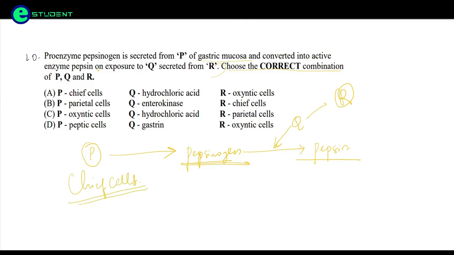The chief cells are present in the stomach, and pepsinogen is converted into pepsin with the help of hydrochloric acid. Who secretes this hydrochloric acid? These are the oxyntic cells.